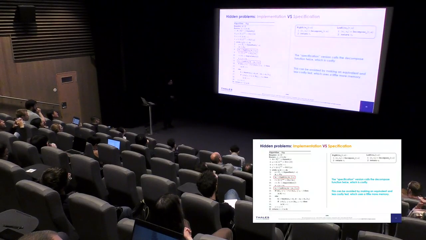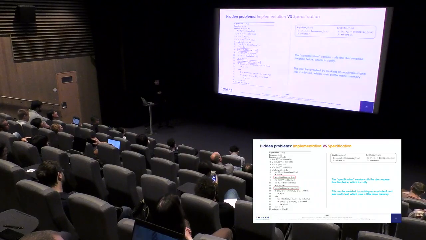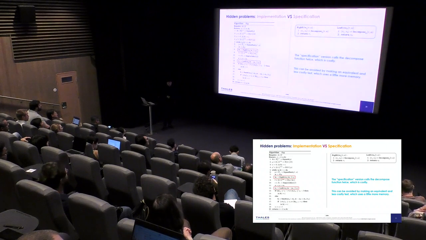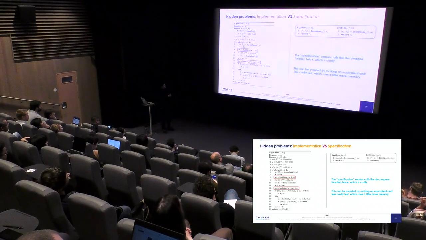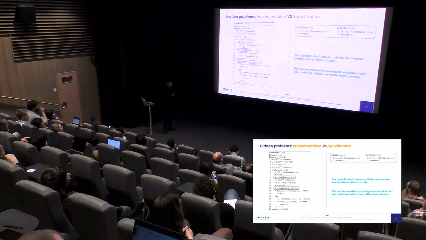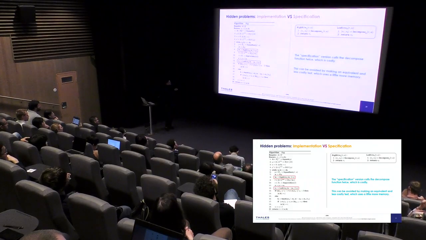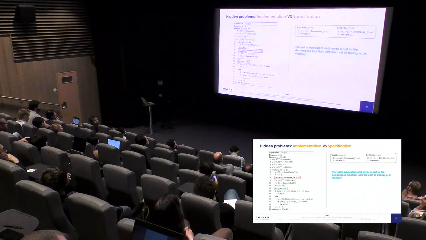What I presented was using the specification of Dilithium, which is not directly followed by the Dilithium reference implementation, because this specification makes two calls to the decompose function, which is the function that allows to use Euclidean division. And the authors of Dilithium show a way that this can be avoided at the cost of storing W0 in memory.